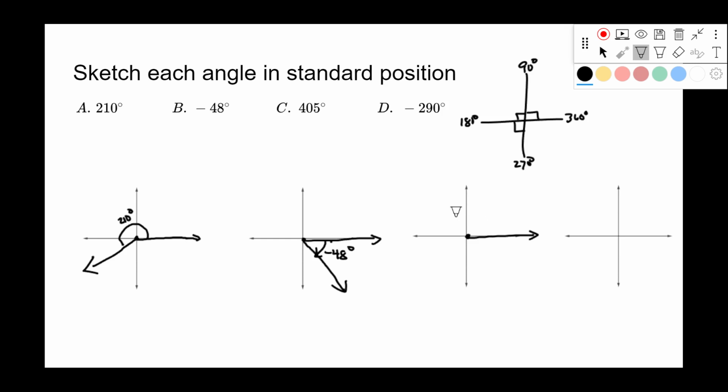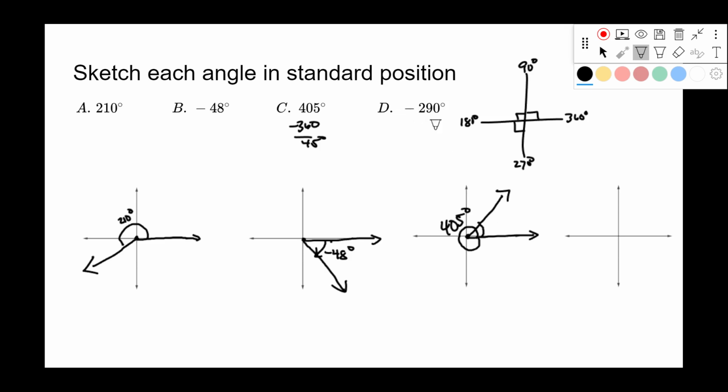Well, 405 is 360 and 45 more. So halfway into quadrant 1 after we go all the way around. So we're going all the way around and then halfway, and that is our angle. All the way around plus halfway through the first quadrant is 405 degrees.